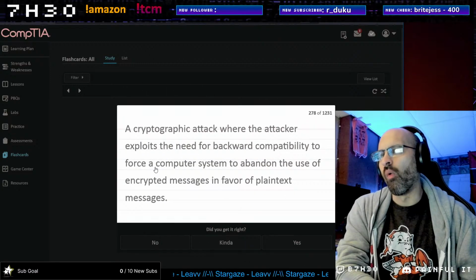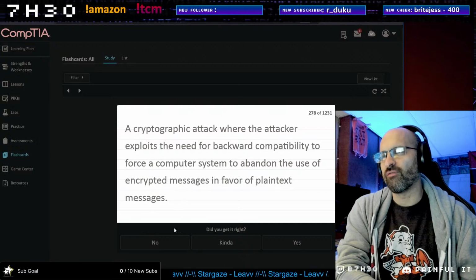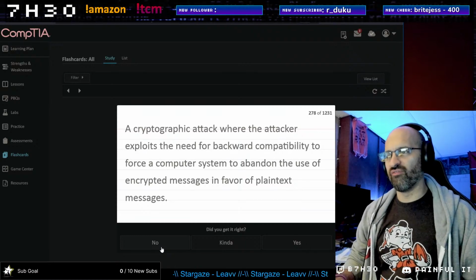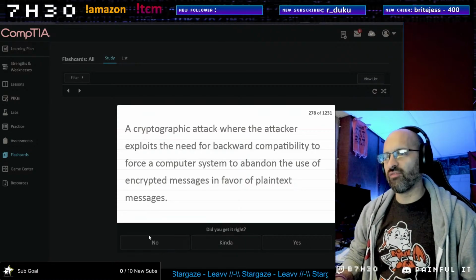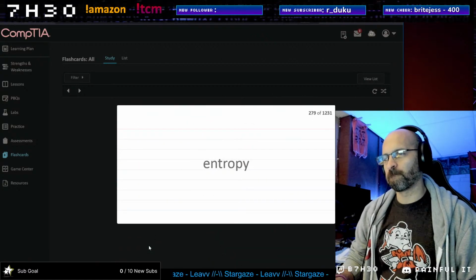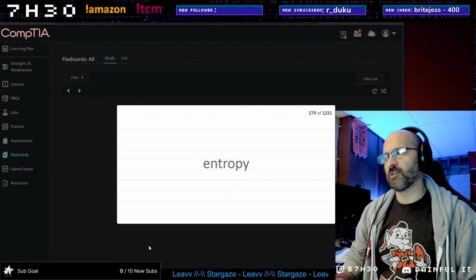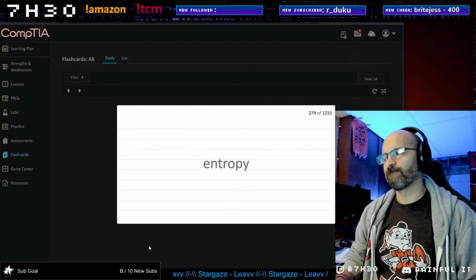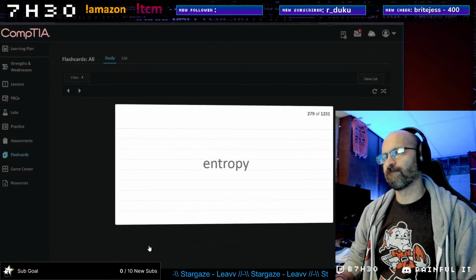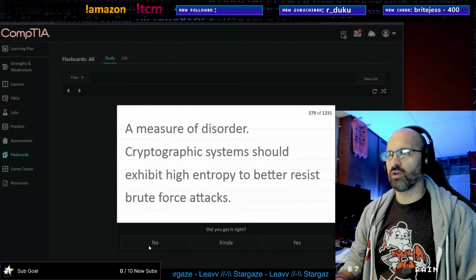Downgrade attack. Cryptographic attack where the attacker exploits the need for backward compatibility to force a computer system to abandon the use of encrypted messages in favor of plain text messages. Entropy. I should know what that is. Entropy is a measure of disorder.